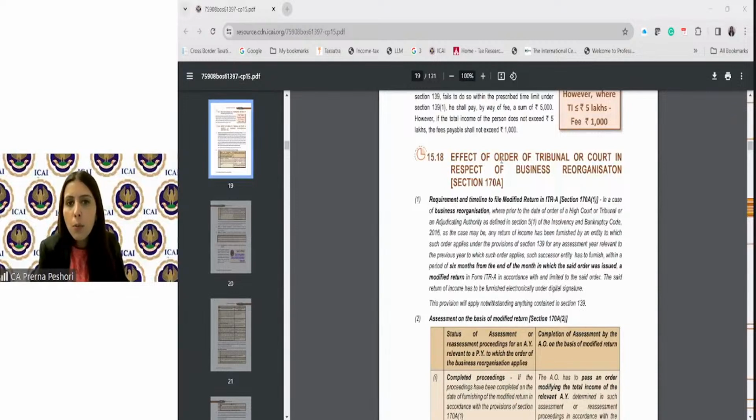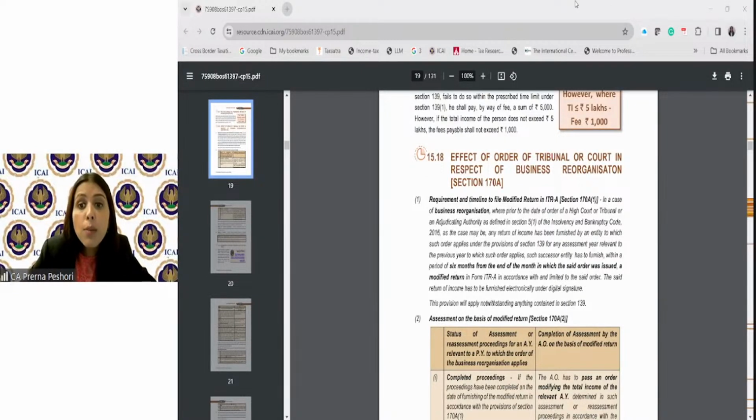So this year onwards, they have said that, if you remember, there was section 170. There was section 170 which provided for the assessment happening in the case of business reorganization. Do you recollect that? Succession of the business, how the assessment will happen.